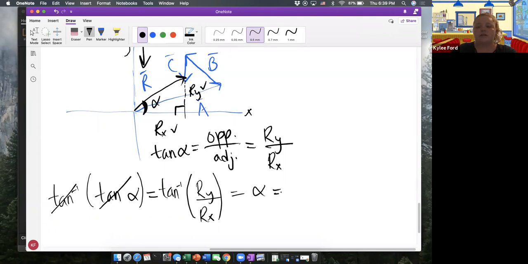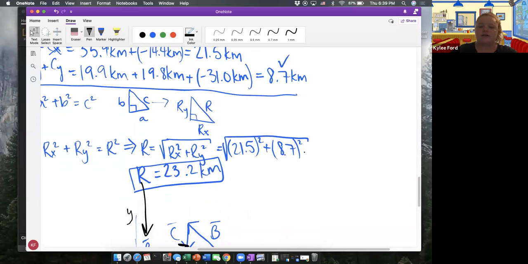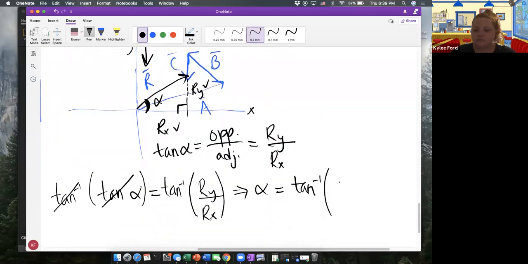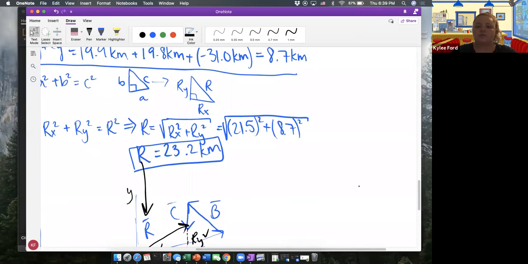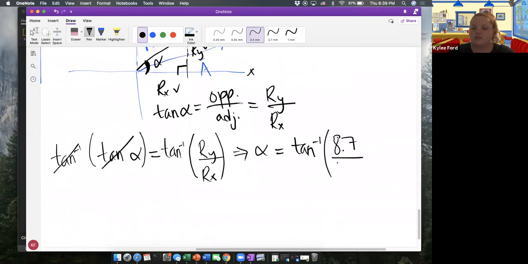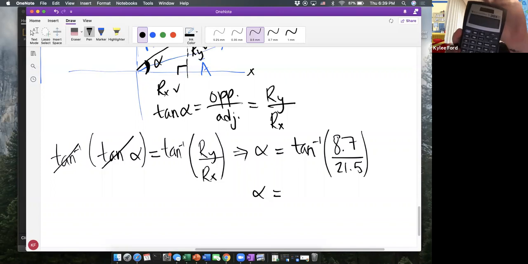Okay, so let me plug in my numbers now. Alpha equals tan inverse of Ry, which was 8.7, over Rx, which was 21.5. Now we go to our calculator. This one might be a little tricky to find. If you have this kind of calculator, it's right where the tangent is as well.